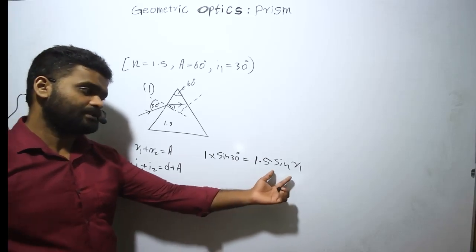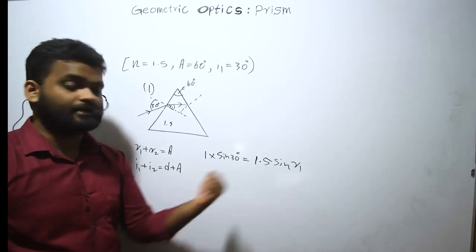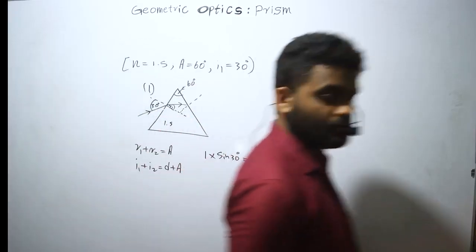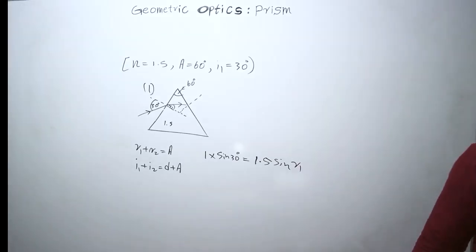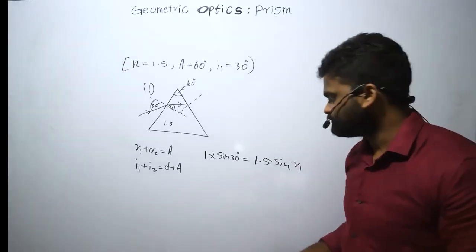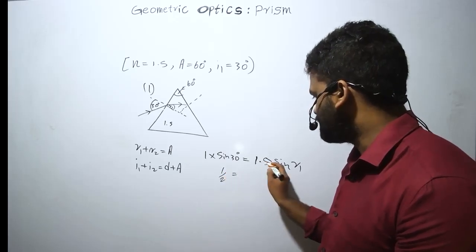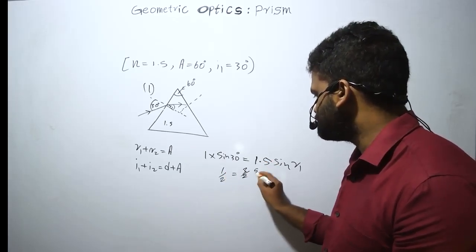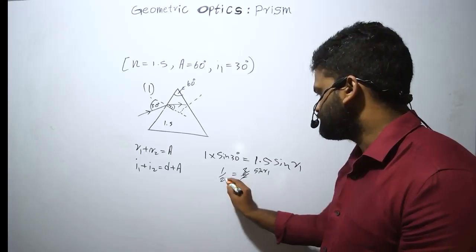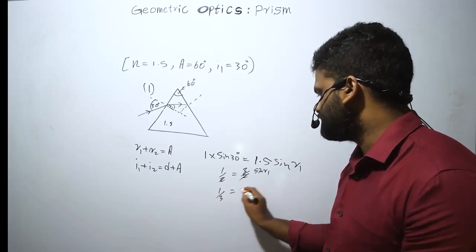At the last class we discussed how to find those sine values. So sine 30 is 1 over 2. 1.5 you can write as 3 over 2 sine R1. This 2 cancels off, then 1 over 3 equals sine R1.